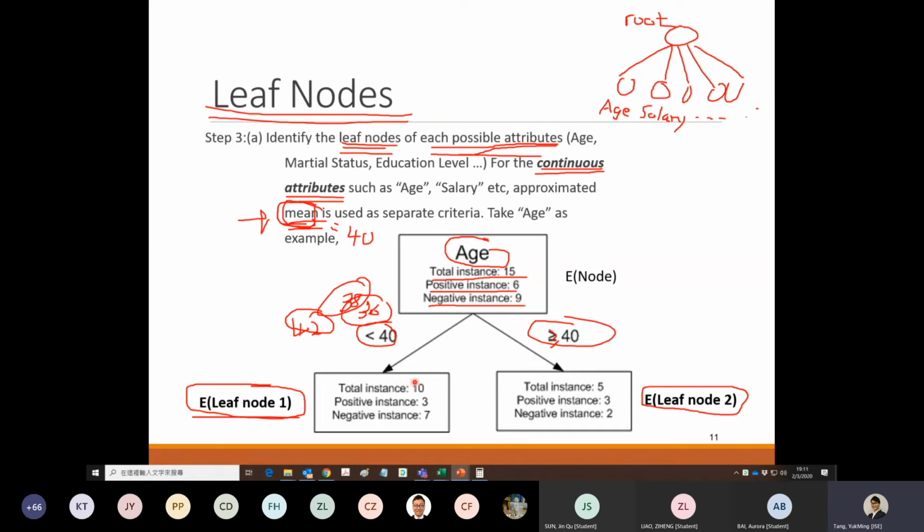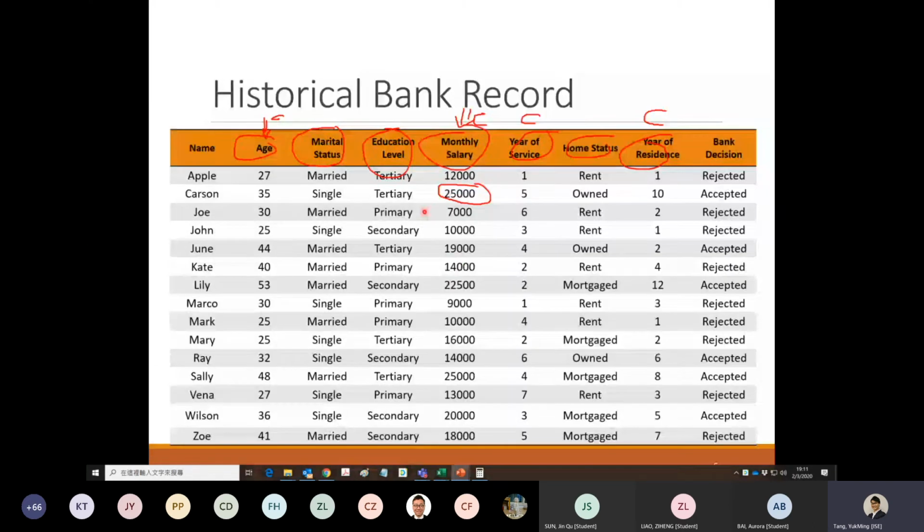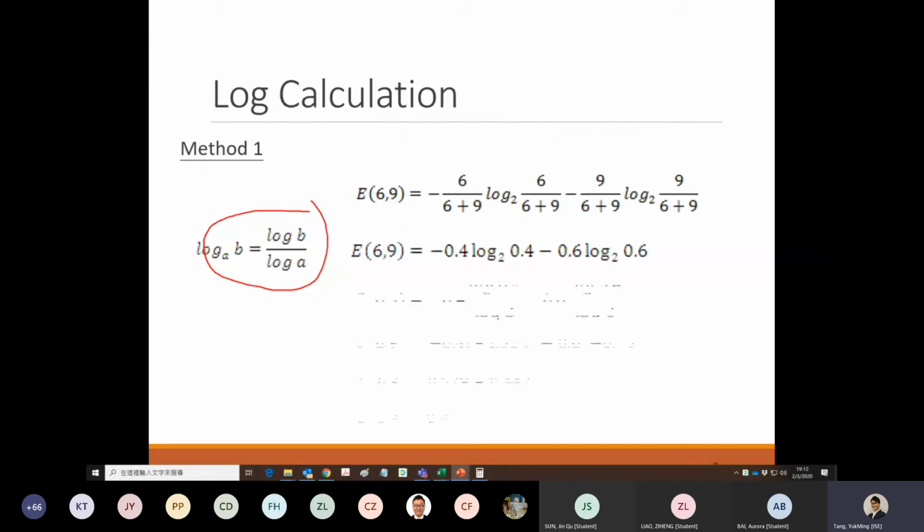For these 10 customers, how many of them are positive instances and how many are negative instances? We go back to count. This customer is less than 40 years old, and this one is reject, so this one is a negative instance. This one is accept, so it is a positive instance. This one is reject, negative. So negative, positive, negative, negative, positive, negative, and so on.